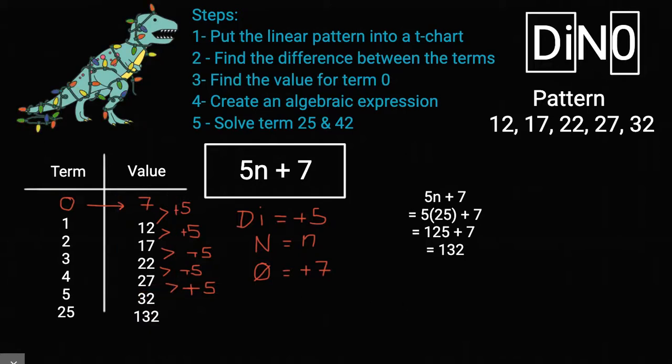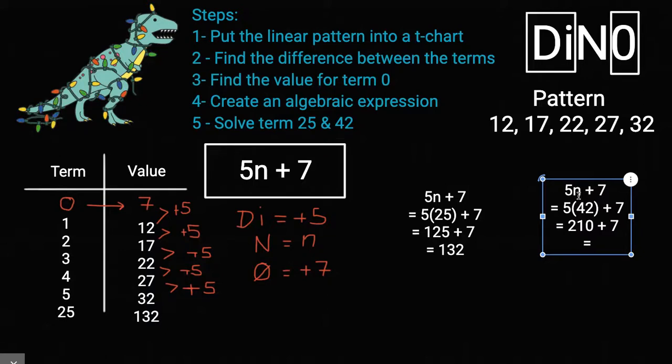And so what that means to me is that when my term is 25, my value will be 132. Good. Now I'm wondering about my term 42. So I'll do the same thing, start with my algebraic expression, which is 5n plus 7. Then I need to replace my variable with the term I'm looking to solve. So it equals 5 times 42 plus 7. 5 times 42 is 210 plus 7.